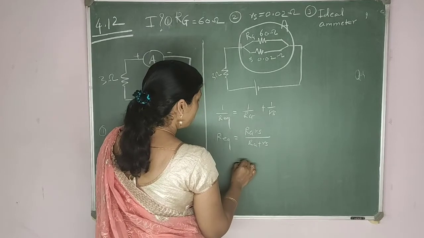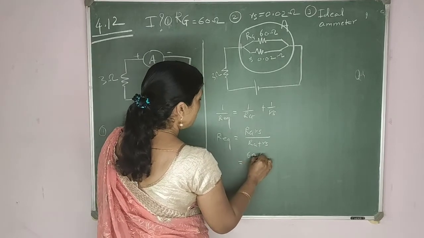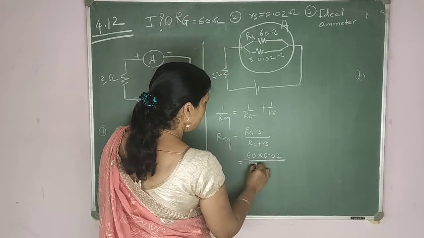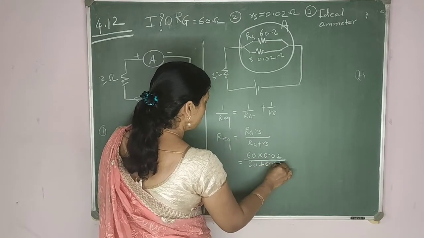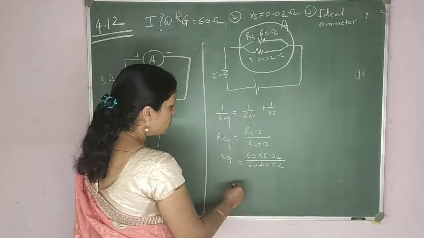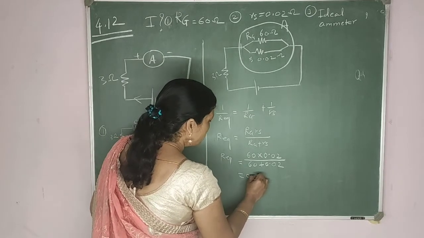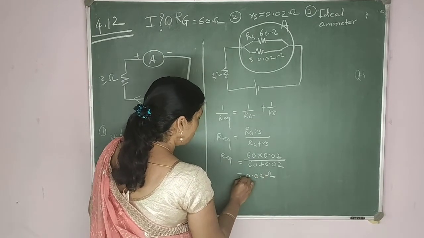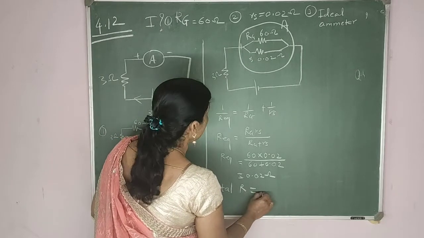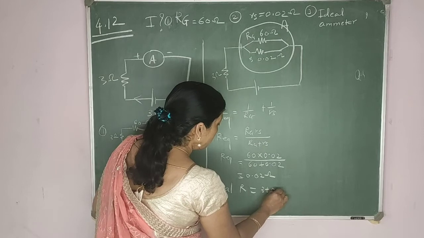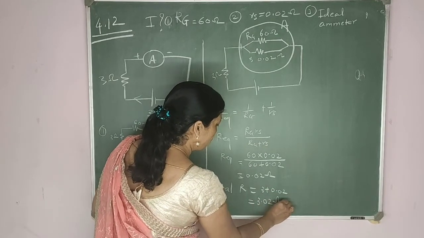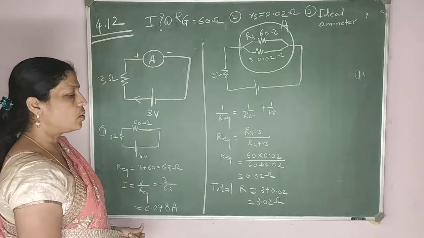When you substitute Rg as 60 and Rs as 0.02, the value of R equivalent is about 0.02 ohm. The total resistance of the circuit will become 3 plus 0.02, so it will be 3.02 ohm.